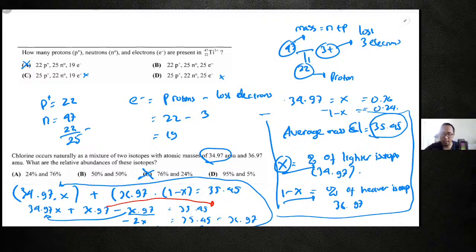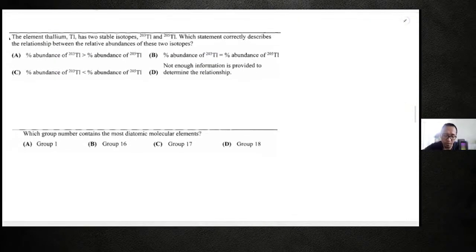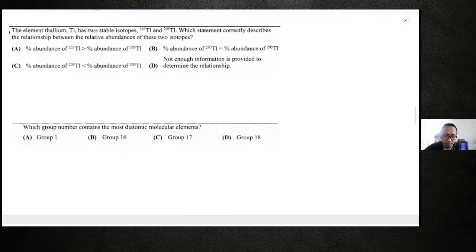So using math, we can solve this problem. It's a little bit tricky because we need to understand a little bit of math, but it's not bad at all. As long as we understand the basics of math, it's okay. Then we can move to the next question. All right, so we have so many questions, right?